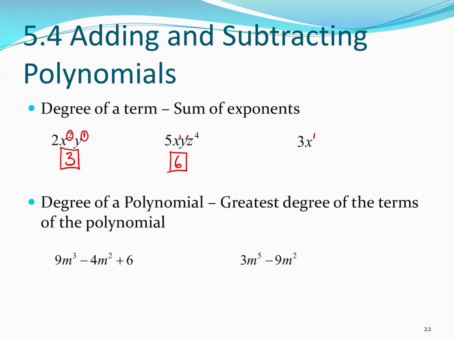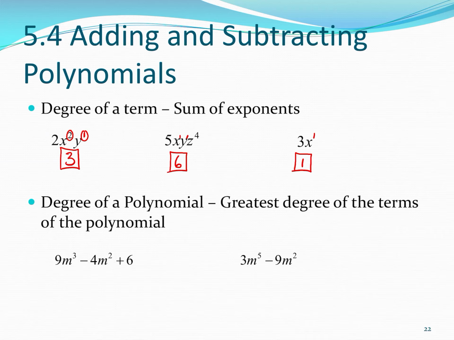Well, this x has an exponent of 1, and the y has an exponent of 1, and 1 plus 4 is going to be 6. And then on the next one, the 3x, the x has an understood 1, so x to the first power, that 1 is the degree. So pretty simple, just add up those exponents and that will give you the degree of a term.